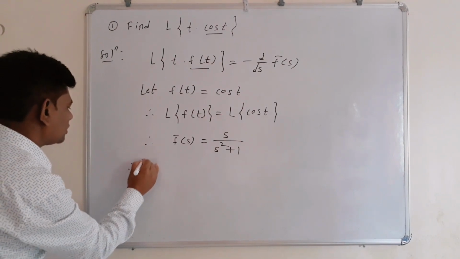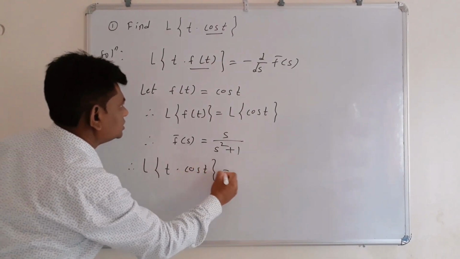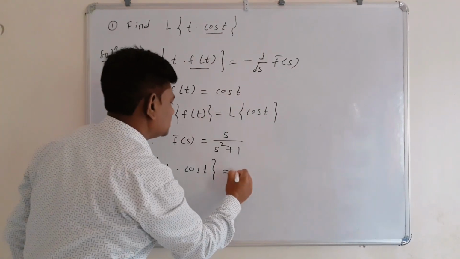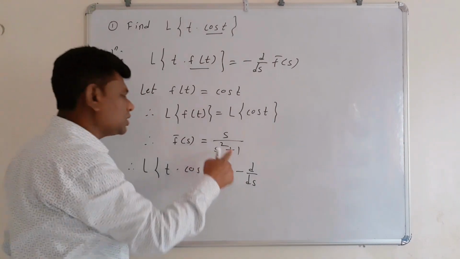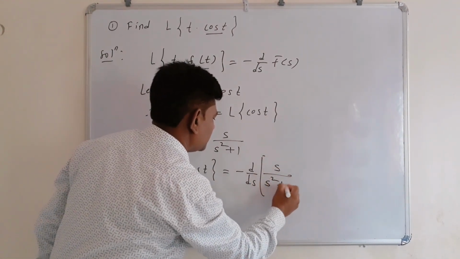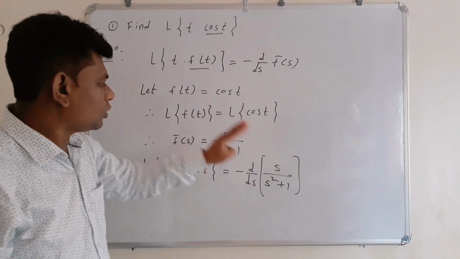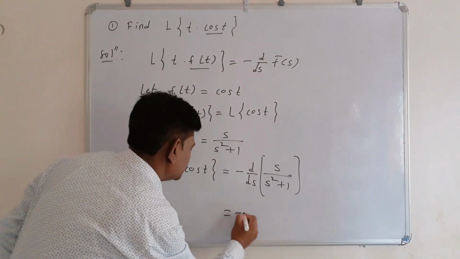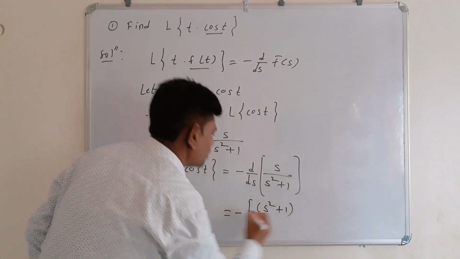Therefore Laplace transform of t times cos t is equal to minus d by ds f bar s, means s upon s square plus 1. Now by using the quotient rule of differentiation, minus sign, this denominator as it is, s square plus 1.